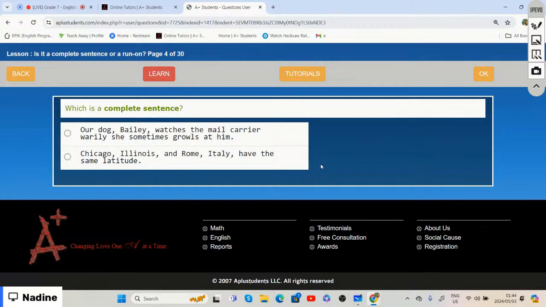Now we need to show which one is a complete sentence. It says, our dog Bailey watches the mail carrier warily. She sometimes growls at him. Or Chicago, Illinois, and Rome, Italy have the same latitude. So now we need to select the complete sentence.